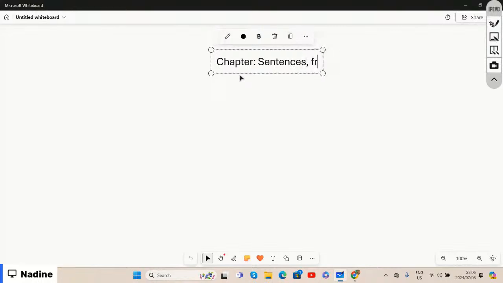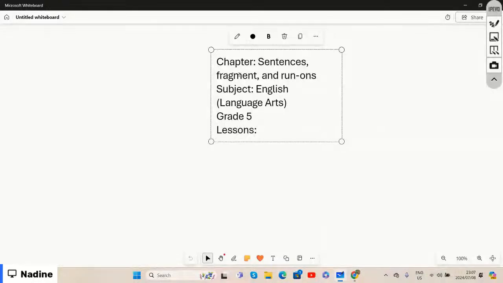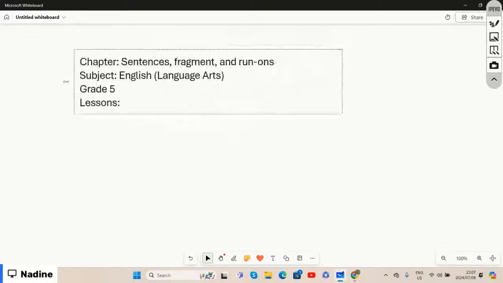So let me just write down our heading. We said we're doing the subject of English language arts. We're doing grade 5. And today we're only going to focus on 2 of the lessons. And then when we come back during the course of the week, we are going to complete the other lesson.